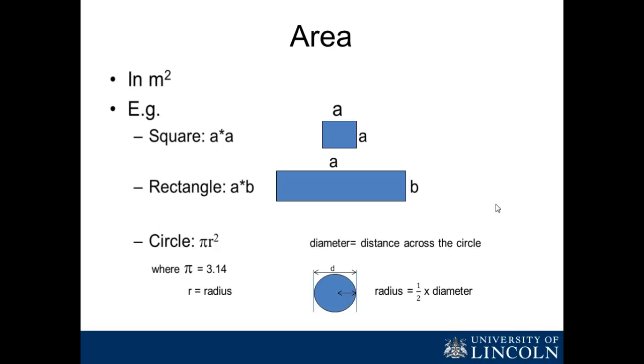So, for example, we could have area, and our area can be measured in centimeters. This is a square, so we know length equals breadth for a square. Now let's go to the rectangle. The length of a rectangle can be measured in meters, and the breadth in centimeters.